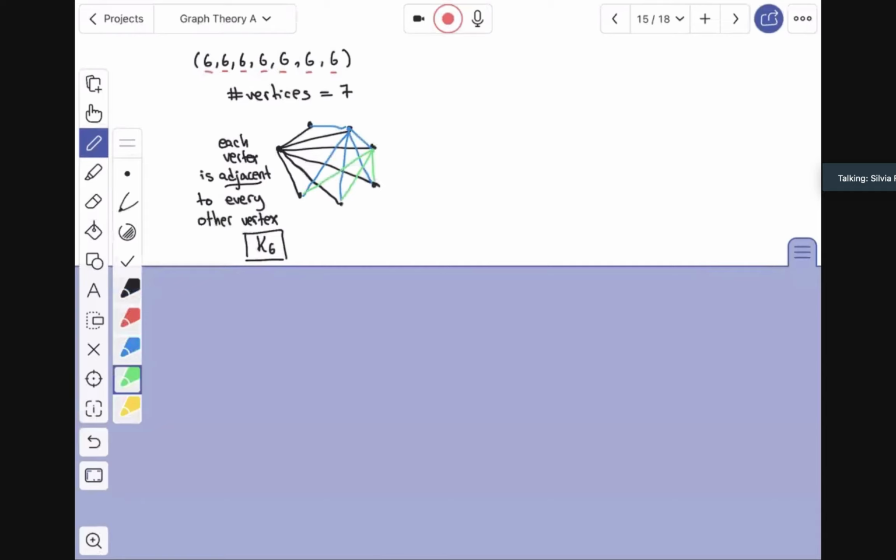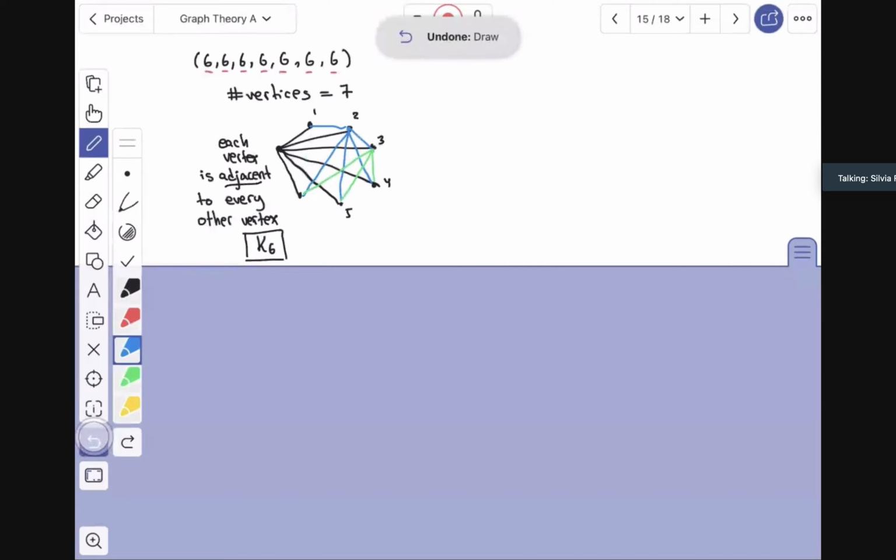Which one am I missing? The top point and the bottom left point. Straight down, 1 to 6. Yeah, 1 to 7. Oh, thank you. Anyways, it doesn't really matter the colors.